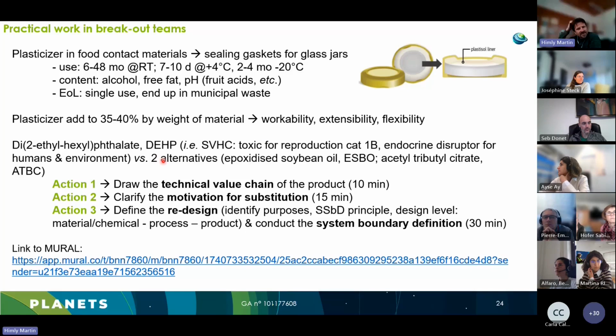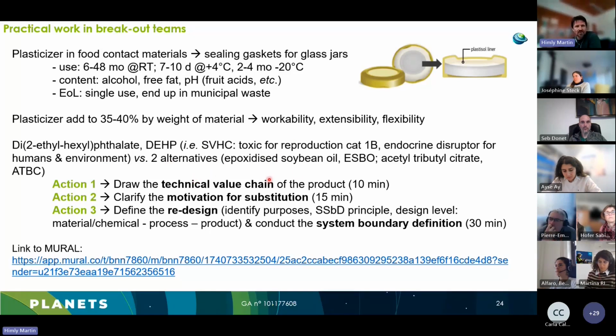The substance of very high concern identified in this plasticizer is DEHP, di(2-ethylhexyl) phthalate. It is toxic for reproduction, category 1B, and also an endocrine disruptor, and concerns for human health and the environment were annotated to the substance. And we, in contrast to the case study of the JRC, would just confine ourselves today to comparing it to two alternatives.